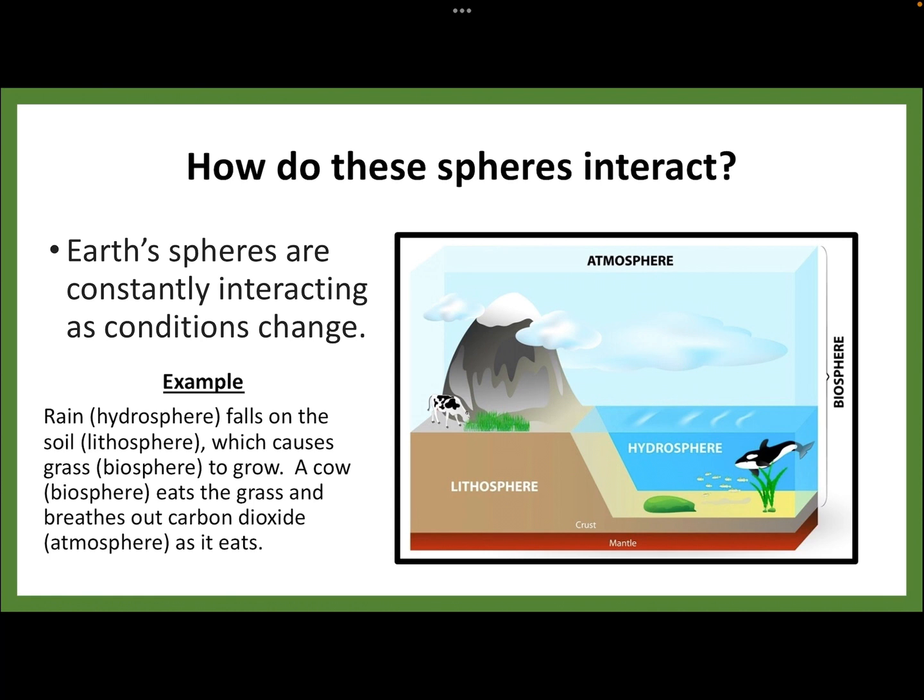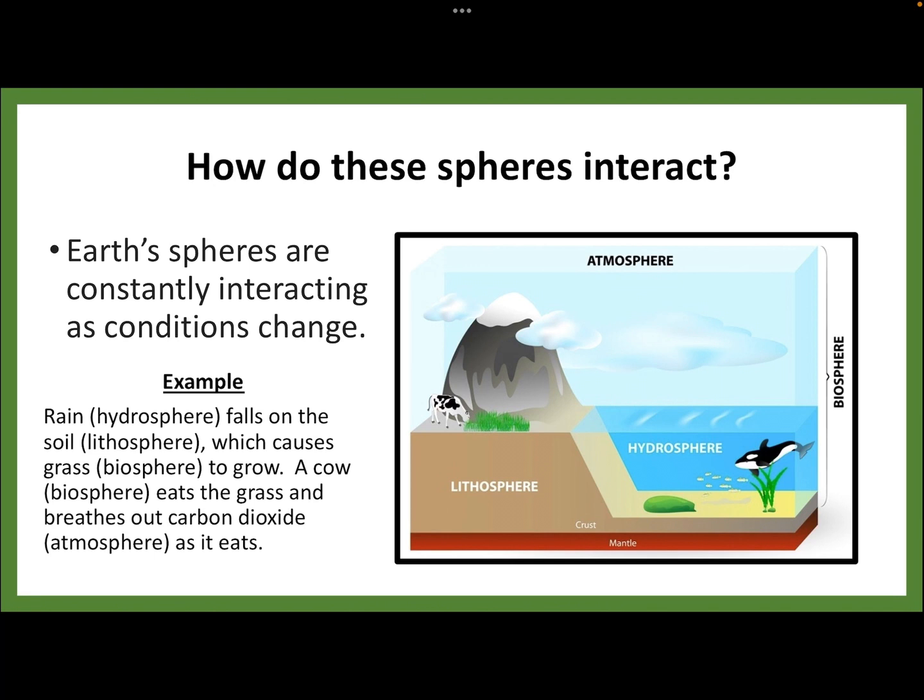It is important to keep in mind that these spheres interact. Like I said, the biosphere encompasses those, but the hydrosphere often will have water condense and fall down onto the geosphere or lithosphere in the form of precipitation. You have animals like humans who give off CO2.